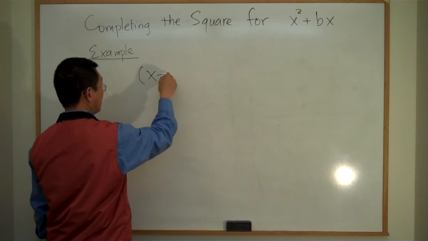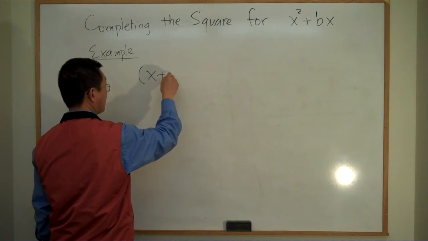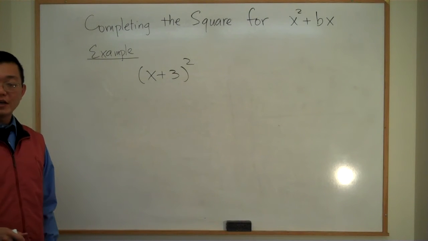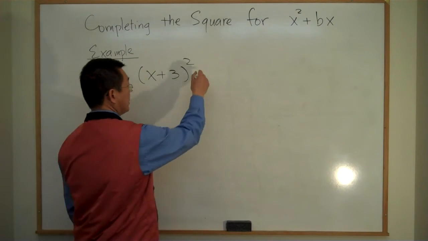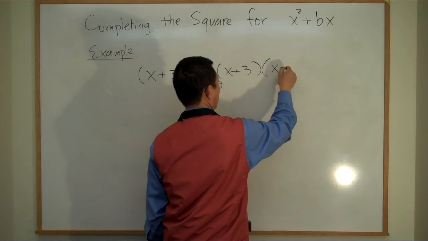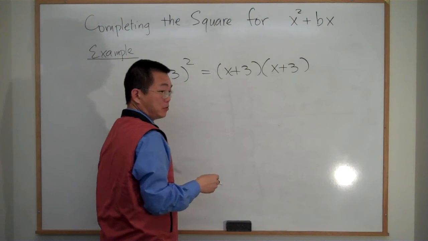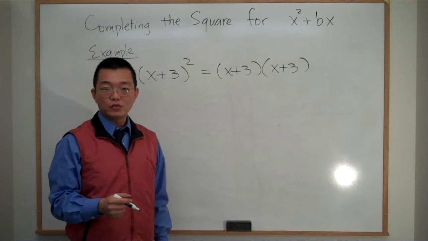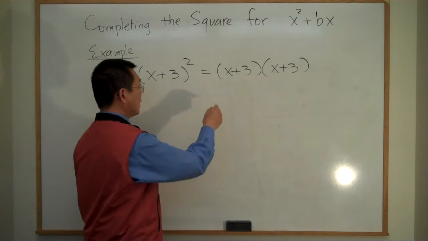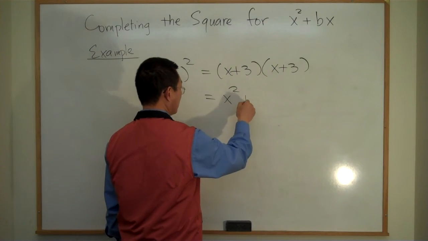Say, let's calculate x plus 3 squared. Now you know this is x plus 3 multiplied with another x plus 3. Now if you have watched the video we made earlier, you would know that this is x squared, alright?